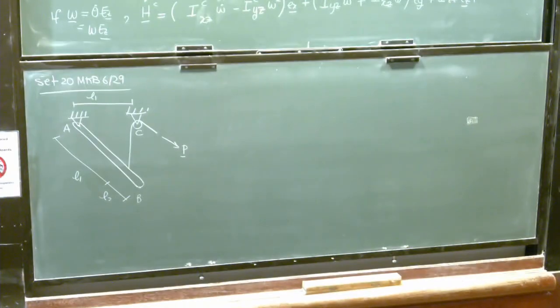The uniform 100 kilogram beam is freely hinged about its upper end A and is initially at rest in the vertical position with theta equal to 0. Determine the initial angular acceleration alpha.